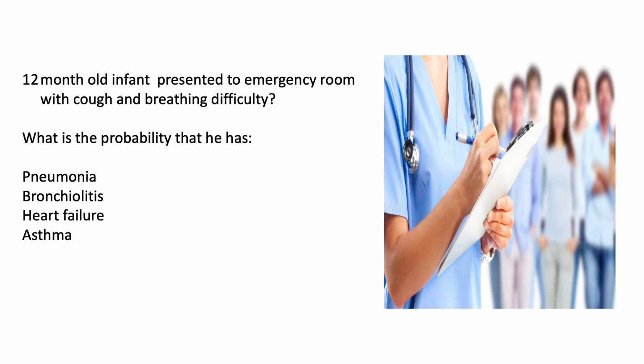A 12-month-old infant presented to the emergency room with cough and breathing difficulty. As usual, when we have such a patient, we start thinking about the differential diagnosis. What is the chance that this patient has pneumonia, or bronchiolitis, or heart failure, or asthma?